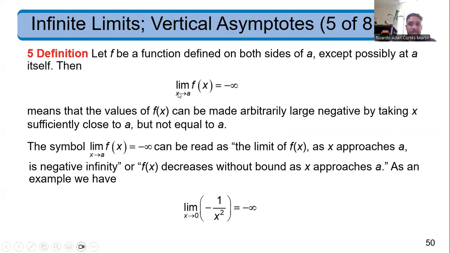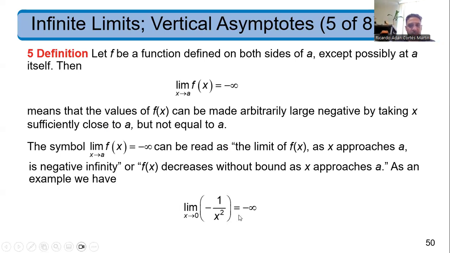So in this case, we say that the limit of the function is negative infinity, or it decreases without bound as x approaches a.